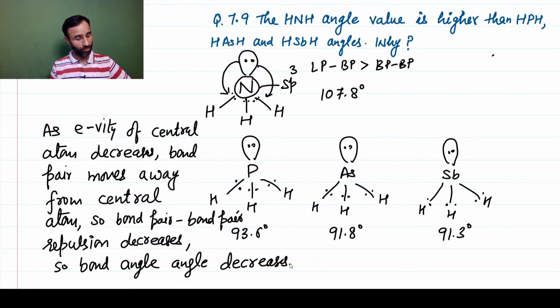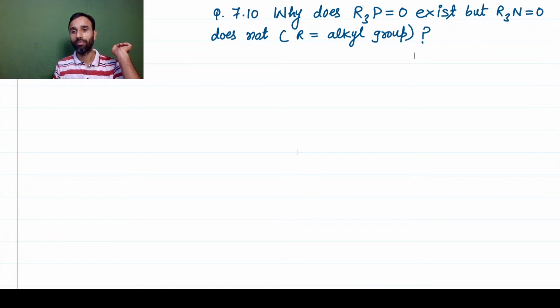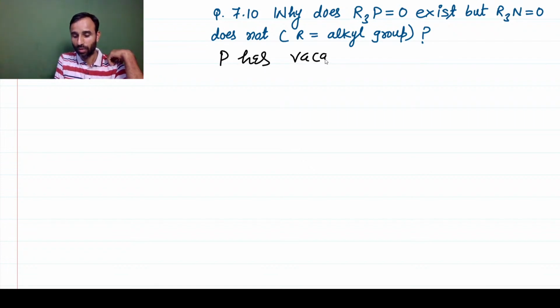Yes, Saad, from 8th August. Why does R3P=O exist, but R3N=O does not? Because phosphorus has a vacant d orbital.